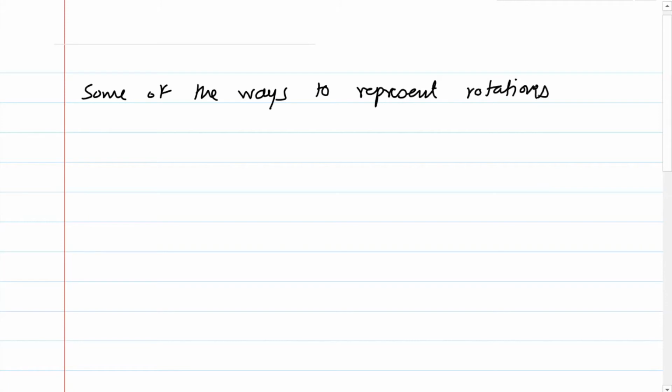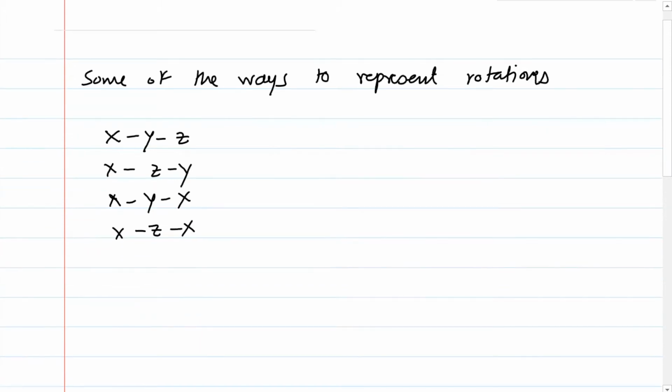What we are doing here is thinking of rotations about the x-axis, then y-axis, then z-axis; x, y, followed by x, z, y; then x, y, x, which by the way is unique; and x, z, x. So this is 4 combinations where the first rotation is about x.